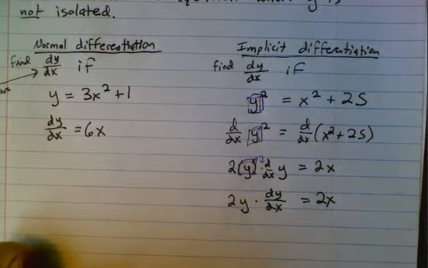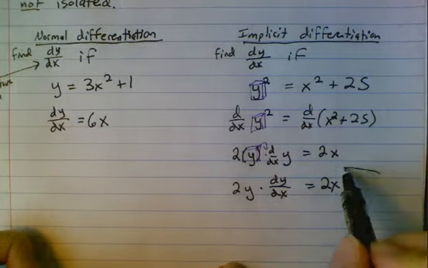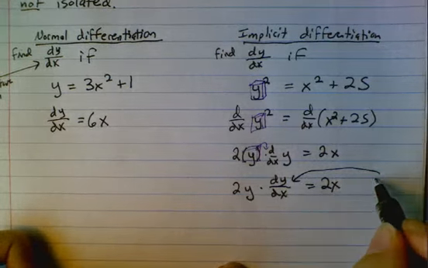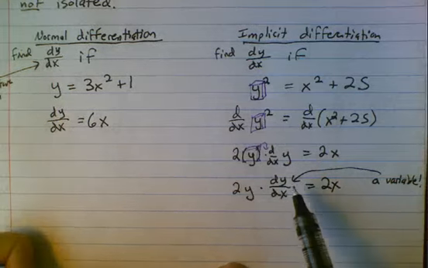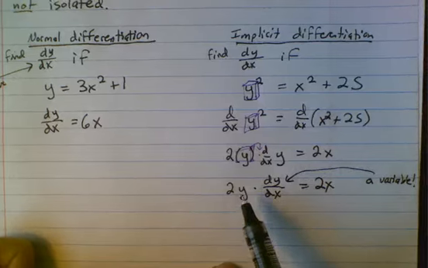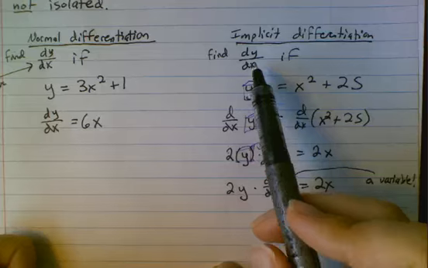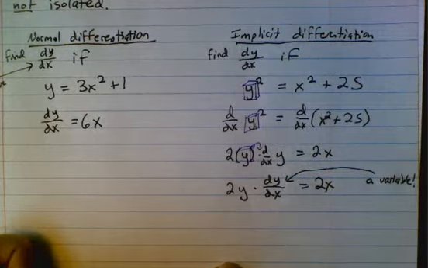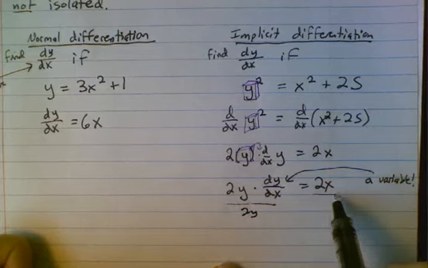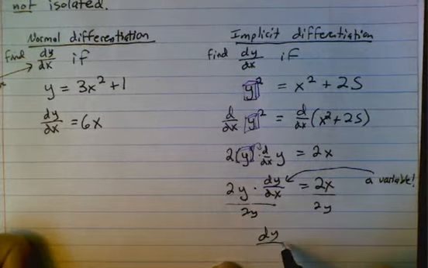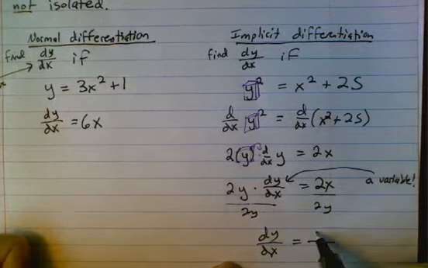Now, the new piece is that this dy dx is sort of its own variable, and it can be treated just like any other variable. We can solve for it. If we want to find dy dx, that just means we want dy dx by itself. We can get this by itself if we just divide by 2y on both sides. 2 divided by 2 is 1.